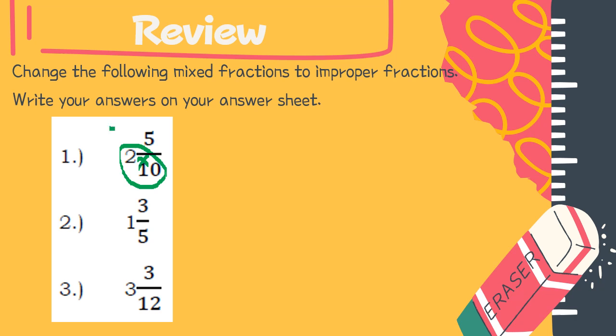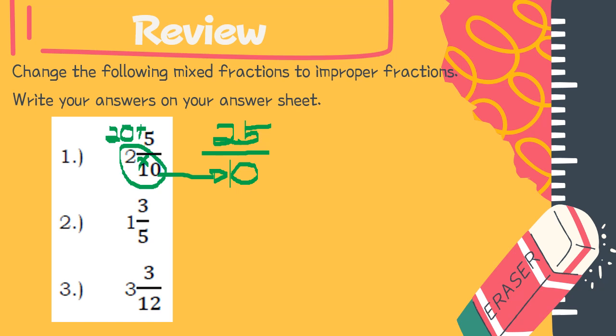Then, the product should be added to the numerator. 20 plus 5 is 25. 25 will be our numerator. The denominator is 10. You just need to copy the same denominator. So the answer for number 1 is 25 over 10.